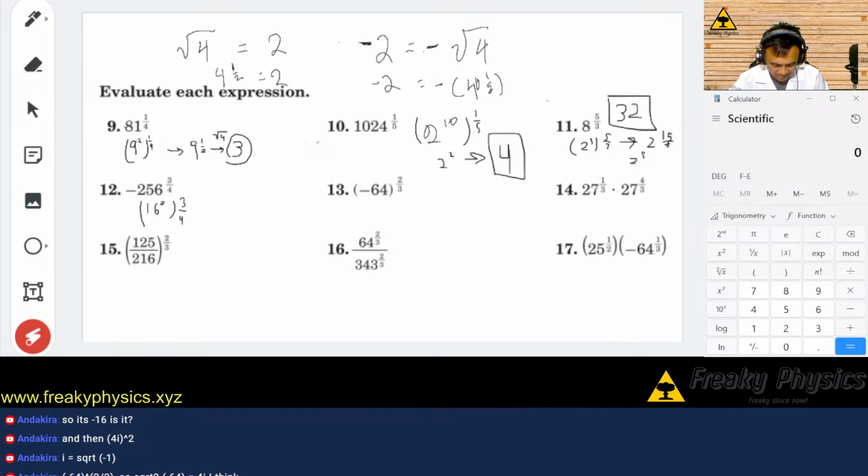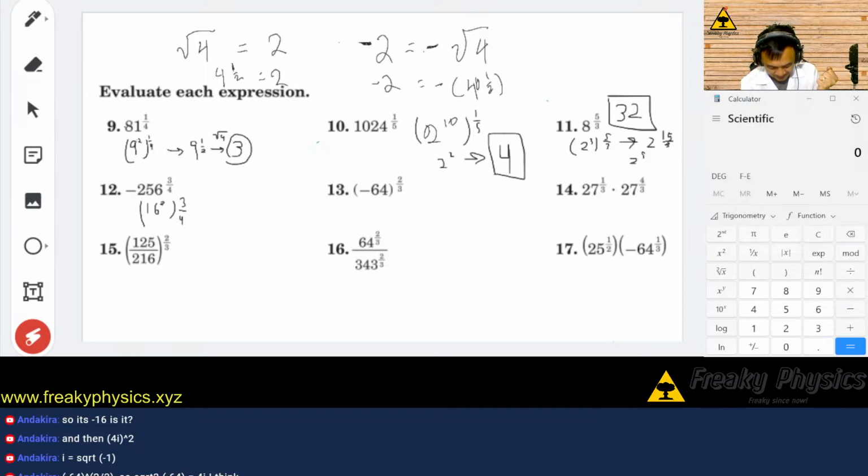So 16 is 2 raised to 4, right? Why did you write 16 in the first place? Because you know that 16 is 2 raised to 4. So that's all you have to write.